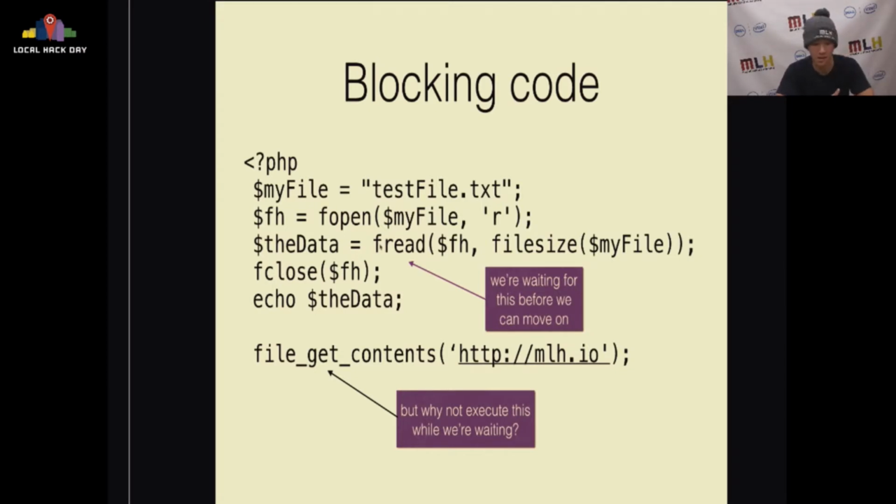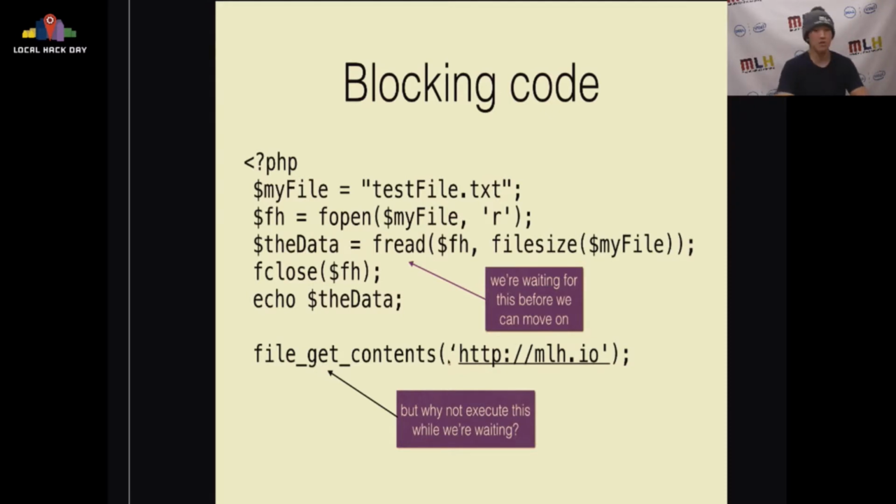And sometimes that can take a very long time if you're doing over a gig worth of data or more. And then at the end here, we're trying to get the contents of MLH. Unfortunately, both of those things don't depend on each other.